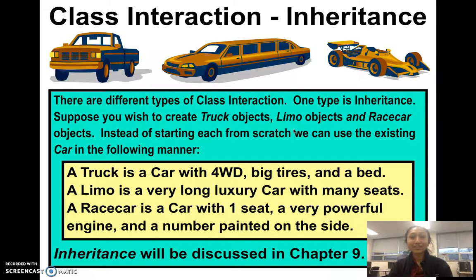Instead of building three independent separate classes, which are not linked to each other, you could build one main class and then inherit the properties of that main class of car for the truck and make some changes, inherit the properties of car for the limo and make some special changes, and inherit the properties of car for a race car and then make some special changes and adapt it to a race car.